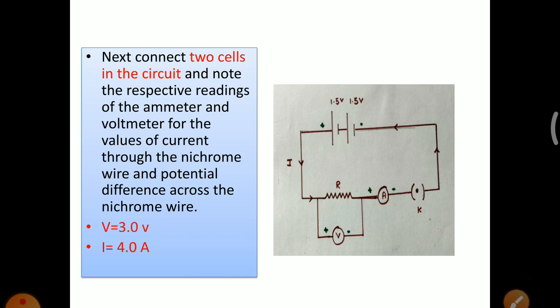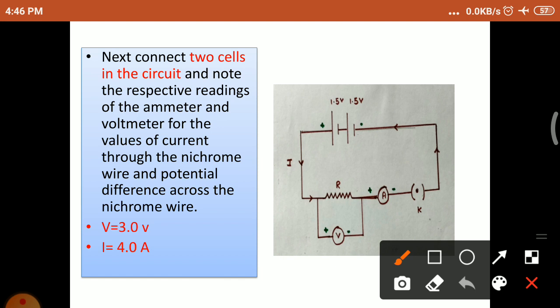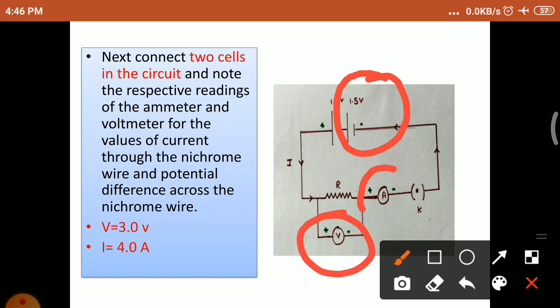Next, connect two cells in the circuit and note the respective readings of the ammeter and voltmeter, for the current through the nichrome wire and the potential difference across it. Here I connected one more cell. Now the circuit is a closed circuit. I took the readings in the voltmeter and ammeter. Now the voltmeter reading is 3 volt because 1.5 plus 1.5 equals 3 volt. The ammeter shows the reading 4 ampere.